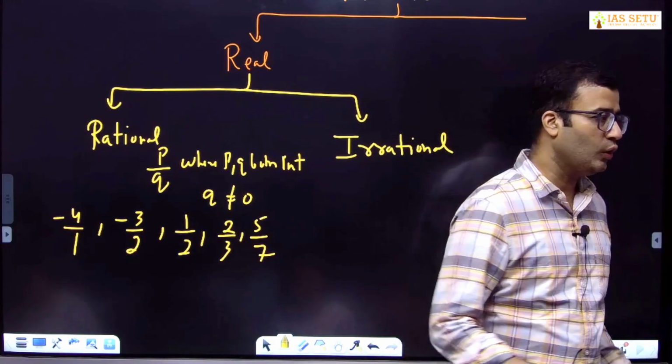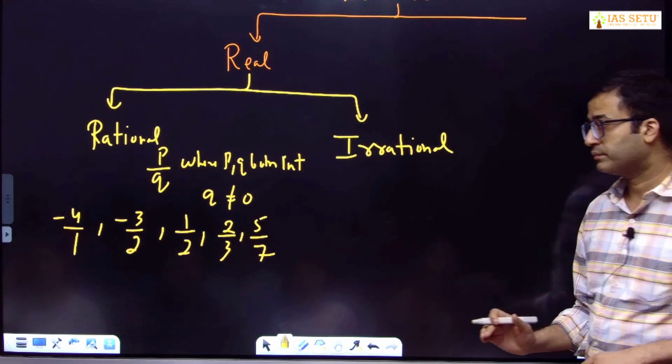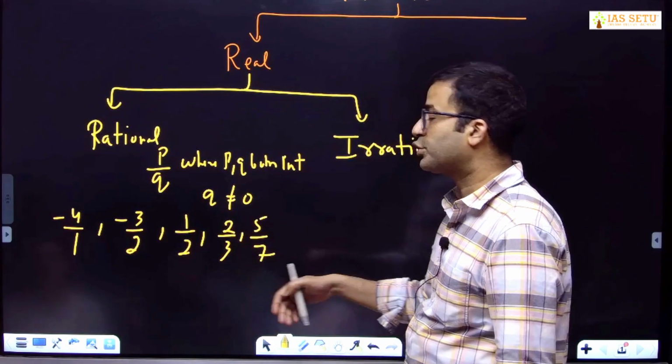All these are rational numbers. But the point here is q is not equal to 0.